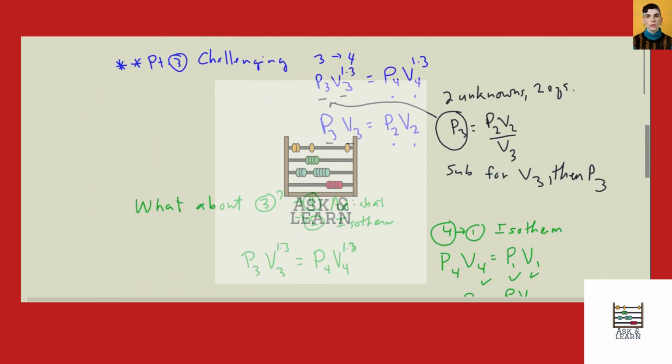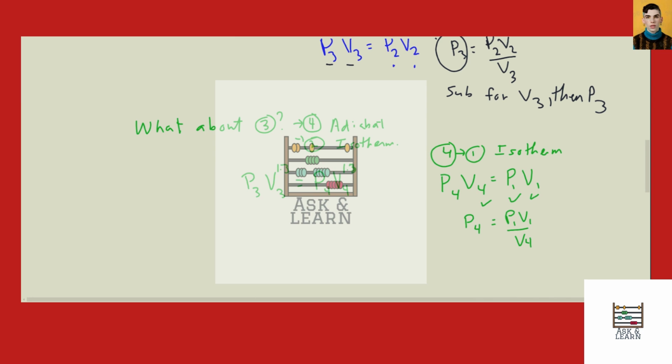Okay, now what do we know? We don't know either pressure 3 or volume 3, so we have to connect it to point 2 through the isotherm. Okay, so we know both pressure and volume at point 4, same with 2. We have 2 equations and 2 unknowns. And we can definitely then solve for both pressure 3 and volume 3. And what are the steps to that?